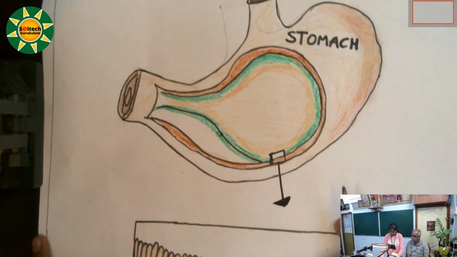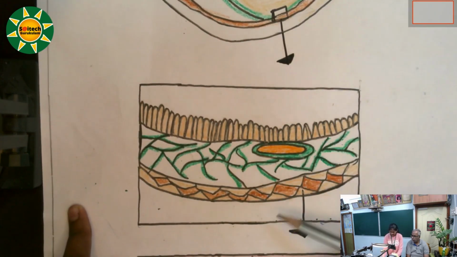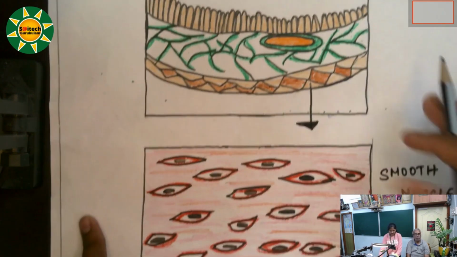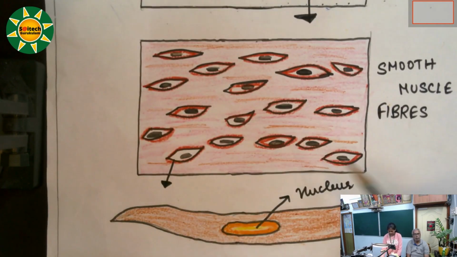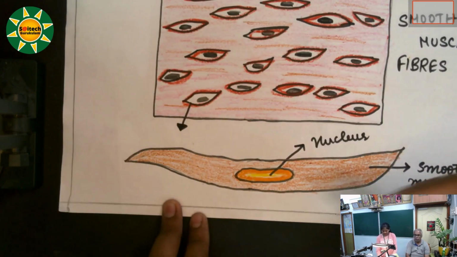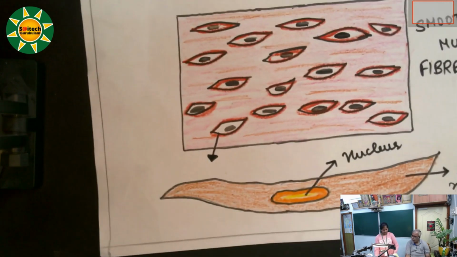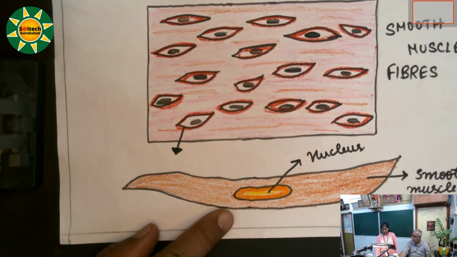In the outer layer we can see the smooth muscles, a group of smooth muscle cells, and one smooth muscle cell is neatly shown here, which has a nucleus. That is why it is called uninucleate, a single nucleus.